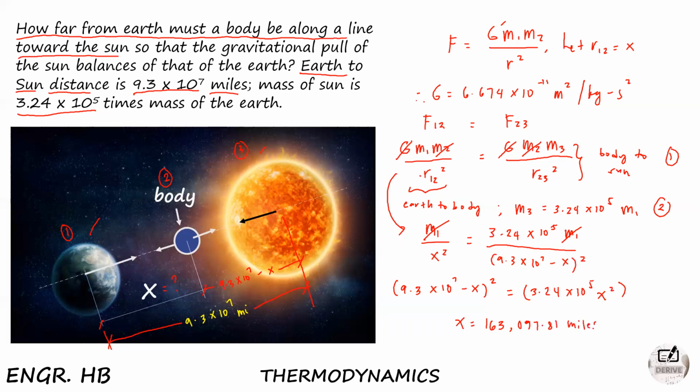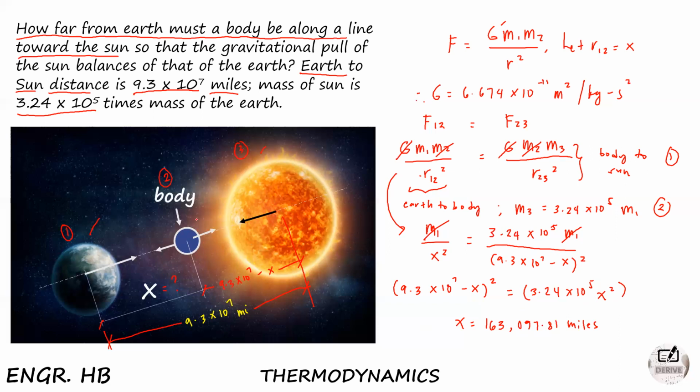163,097.81 miles. So this is the distance of the body to the Earth in order for us to have a gravitational pull balance of the Sun to the Earth. So kailangan doon pala ang pwesto ng body. So in order for you to get this distance, of course, minus mo lang itong 163,000 miles sa 9.3 times 10 raised to 7 miles.